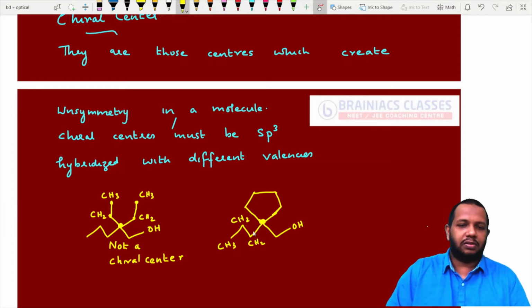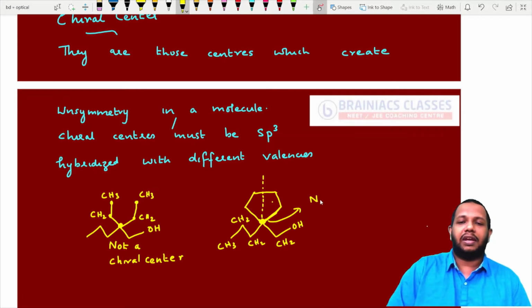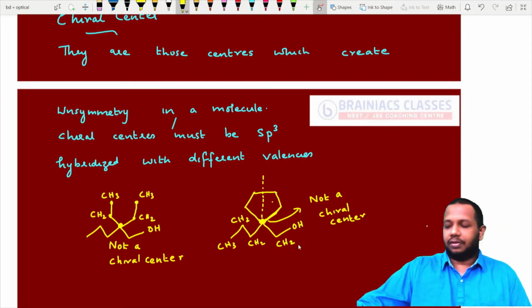So this is a different valency and this is a CH2OH, that is fine, but there is a cyclic ring between the other two valencies and we can find a plane of symmetry in this cyclic ring. Both halves are similar, so we can say again this is not a chiral center. Clear? I hope this is also clear for you.